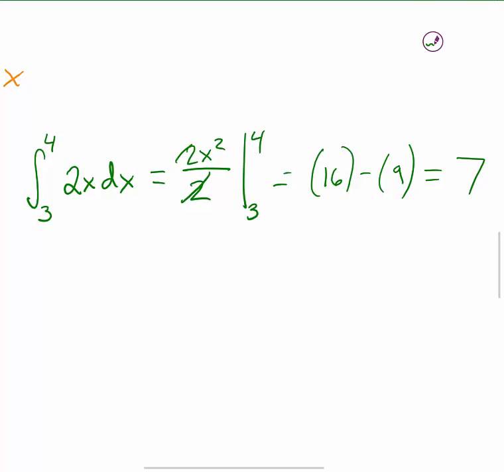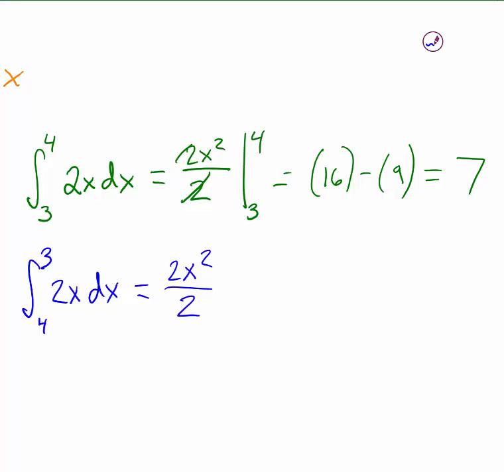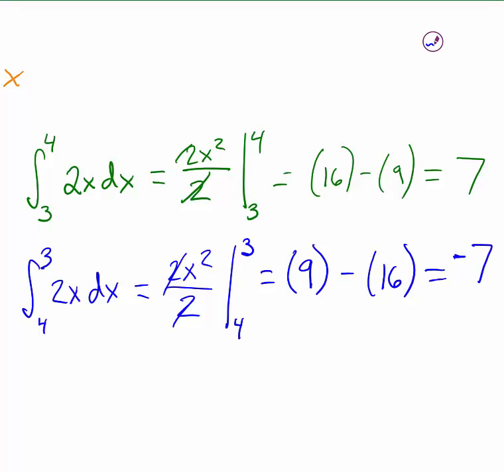Now if we do this backwards, right, that would be the integral from 4 to 3 of 2x dx. Again, we get 2x squared over 2. But now we're going lower limit of 4, upper limit of 3. And 3 squared is 9 minus 16. So you see when our endpoints change, the order of subtraction changes, and we get negative 7. So there's that.